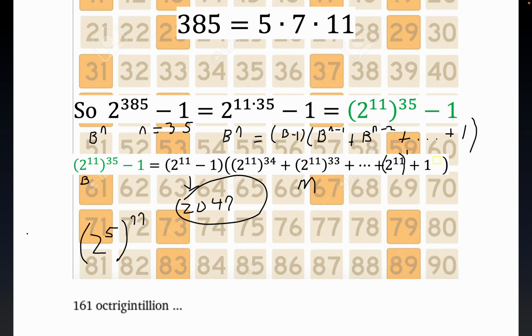This is 2 to the 385. This equals that, and then when you do the 1 business, you get the same old thing.